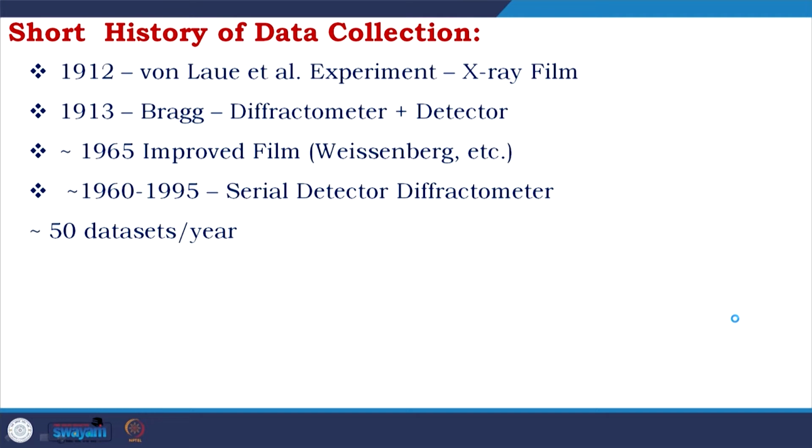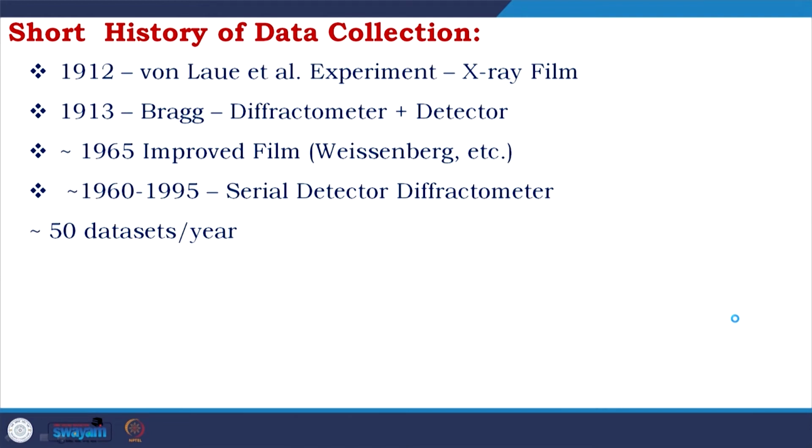From 1960 to 1995, it was the serial detector diffractometer. So they have to collect one by one, and the amount of data collected is really less because it takes a long time. As the statistics say, it is 50 data sets a year. Think about it, you could only have 50 crystals solved.